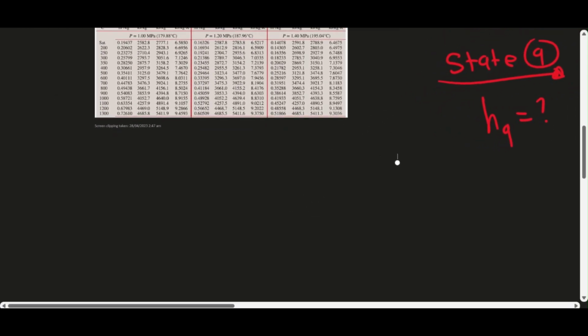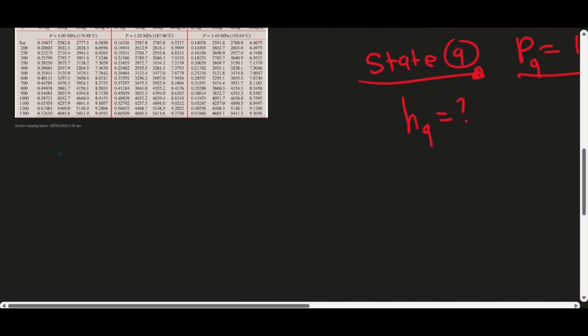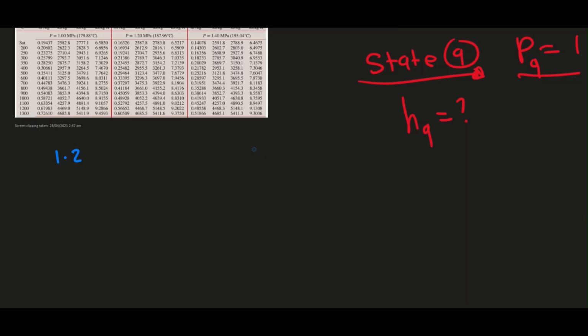I have 1.2 and 1.4, so I'll draw that 1.2 and 1.4 that I have, and I'm looking for 1.3.